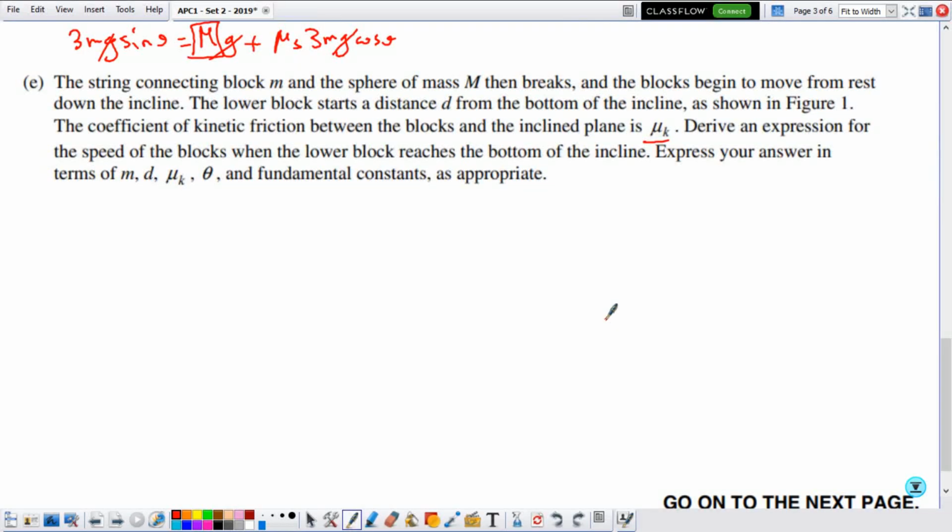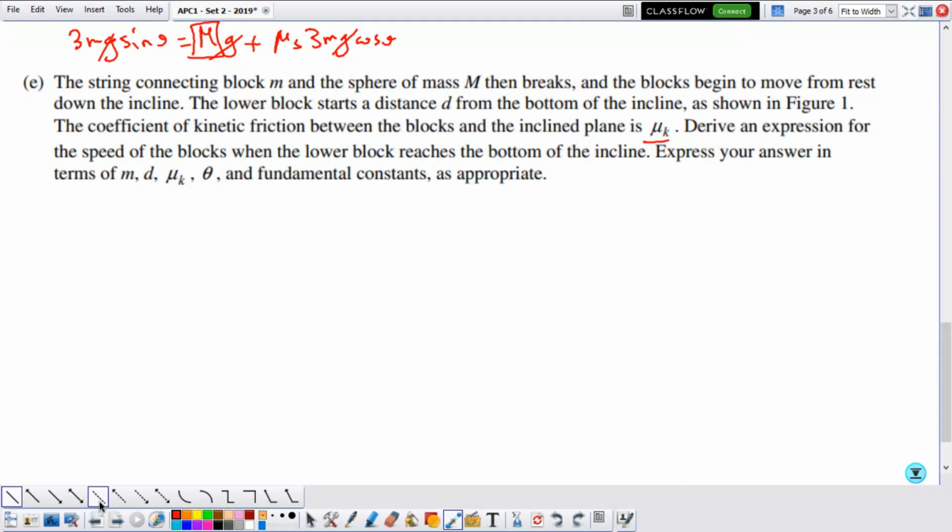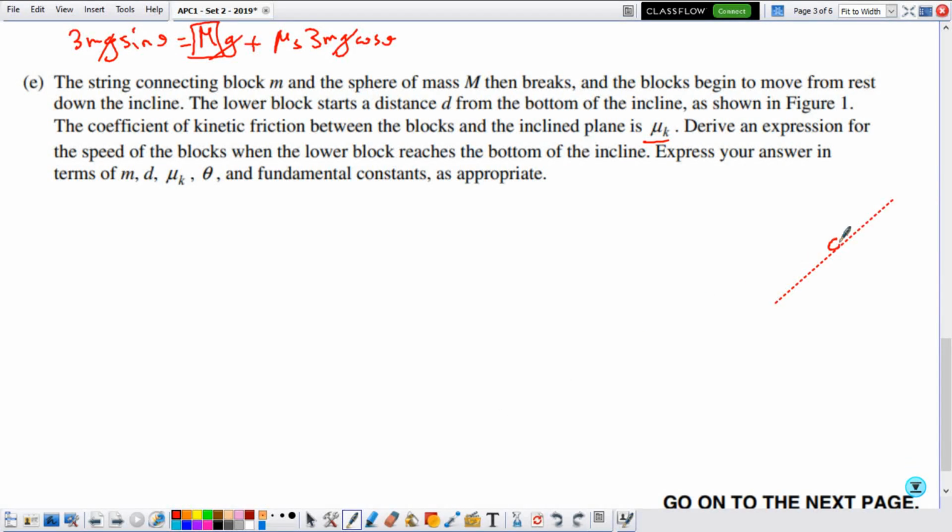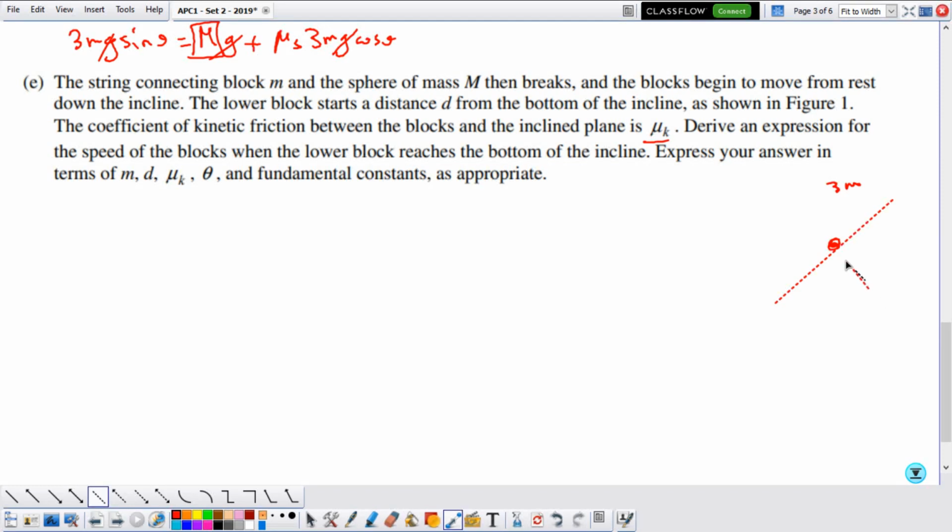And to do so we need again to utilize an FBD, so let me do it quick. This is the FBD, that would be 3m combined. We have the y-axis like that, along which the normal push is always acting.